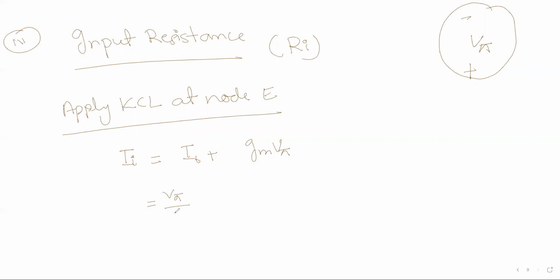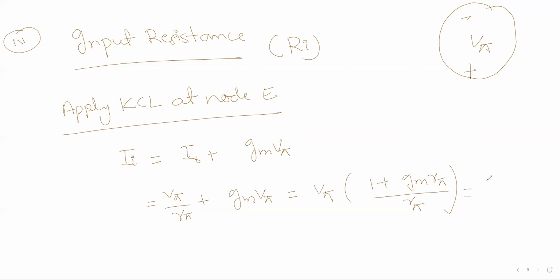V pi upon R pi plus gm V pi. If we take common V pi, that would be 1 plus gm R pi upon R pi. And what about this?